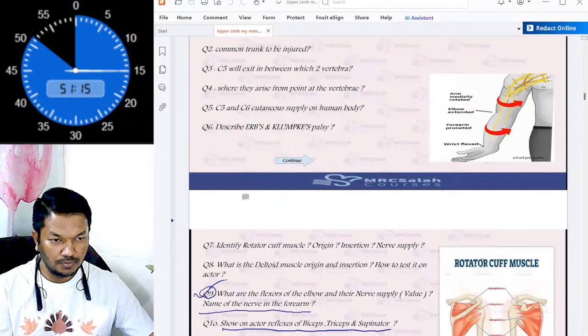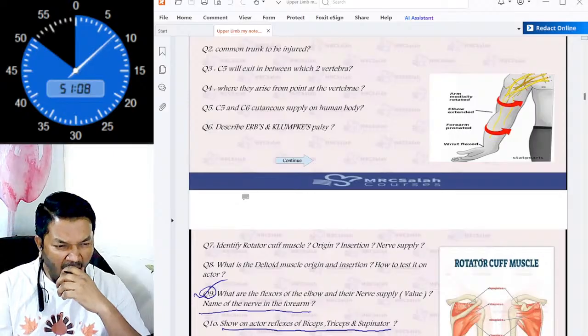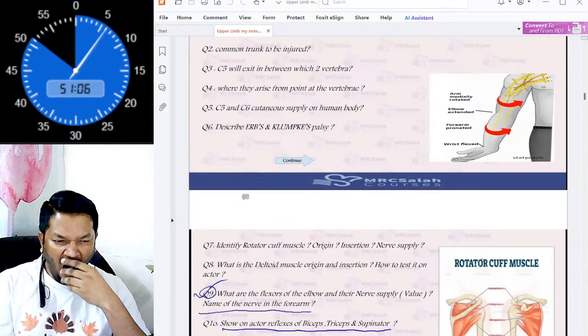Flexors of the elbow joint: biceps muscle, brachialis muscle, brachioradialis muscle, flexor carpi radialis muscle, and pronator teres muscle.